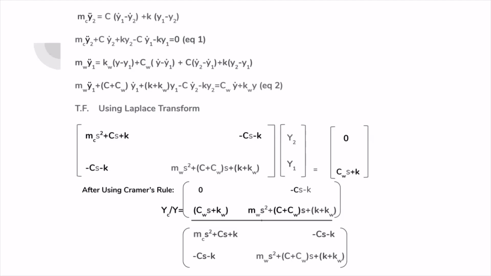So that'll be our equation 1. To find equation 2, we found the forces that act on the wheel.